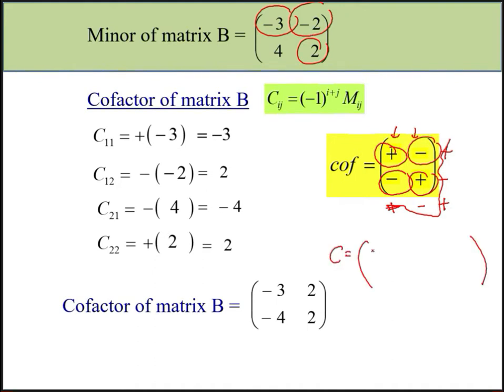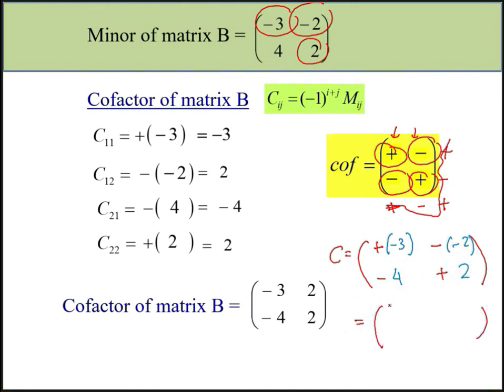You can also solve this faster by first writing the signs: positive, negative, negative, positive. You have to memorize the order of the signs. It starts with a positive sign here, and then just write down the minors. The first minor is -3, the next minor is -2, and then we have 4 and 2. And then you just have to simplify.